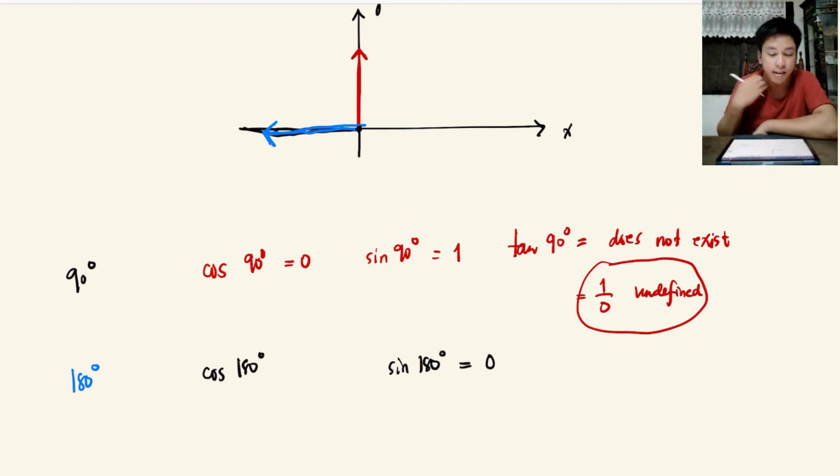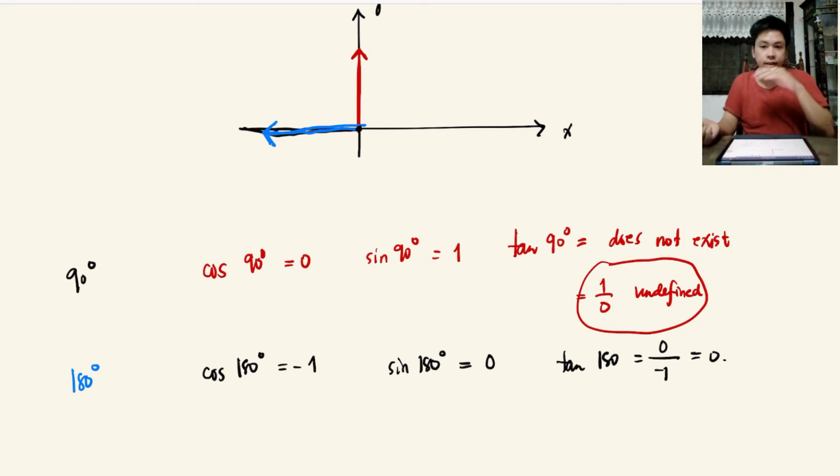There is no vertical distance. But there is horizontal distance. However, it goes to the left, right? So therefore, it becomes negative 1. And so our tangent of 180 degrees is 0 over negative 1. So that's equal to 0. So tangent of 180 degrees is the same as the tangent of 0.